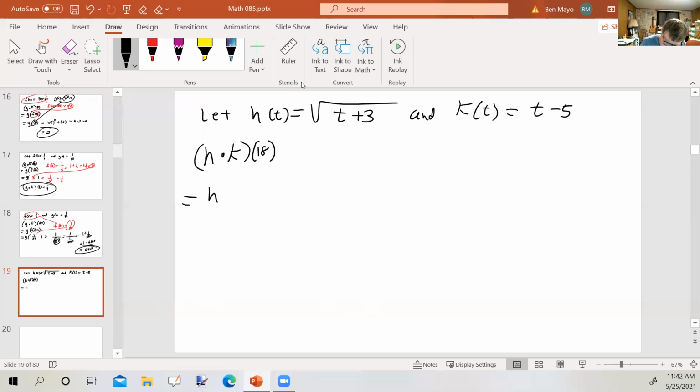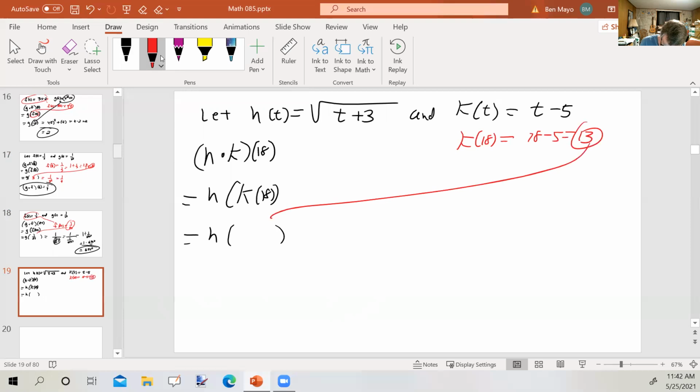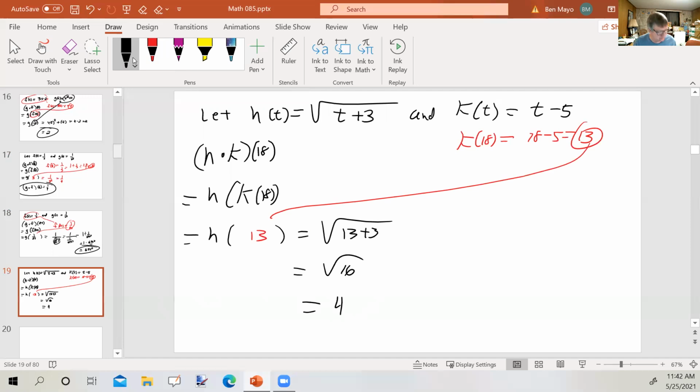That's equal to h of k of 18. What is k of 18? K of 18 would be 18 minus 5, which is 13. And h of 13 is the square root of 13 plus 3, which is the square root of 16, which is 4. Okay, so that came out nicely.